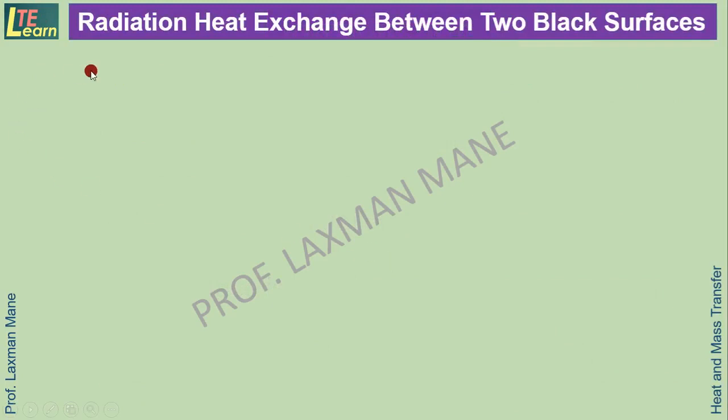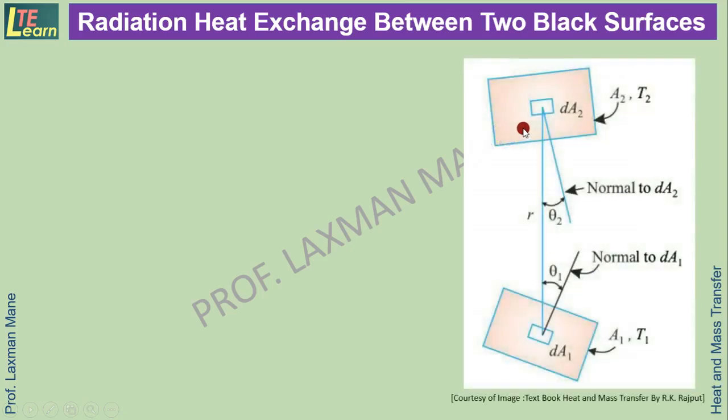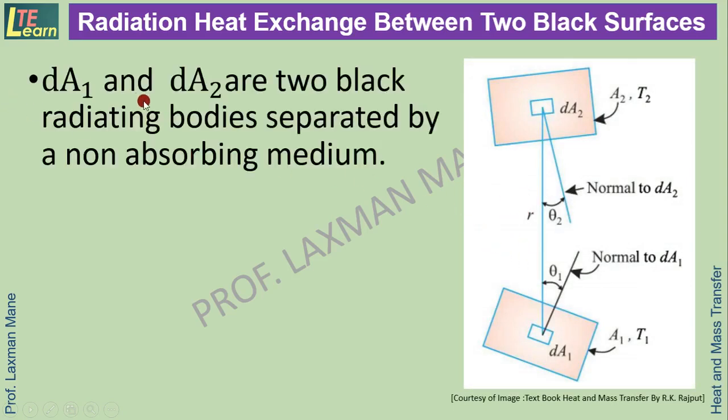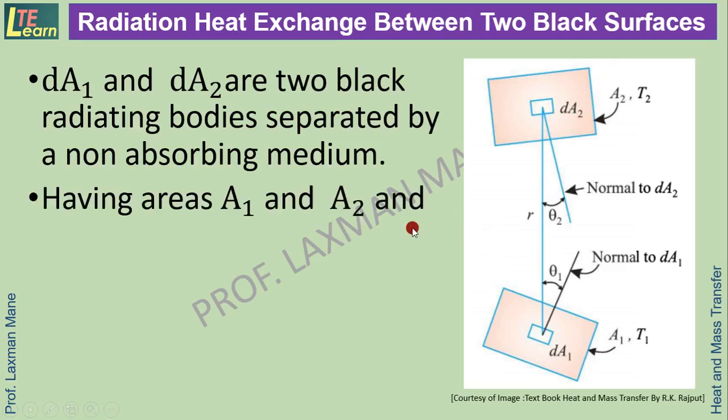So here we will first consider the topic radiation heat exchange between two black surfaces. Black surfaces means surfaces which absorb complete radiant heat energy. So here we consider these two bodies or two surfaces. dA1 and dA2 are elementary areas of black bodies which are separated by a non-absorbing medium.